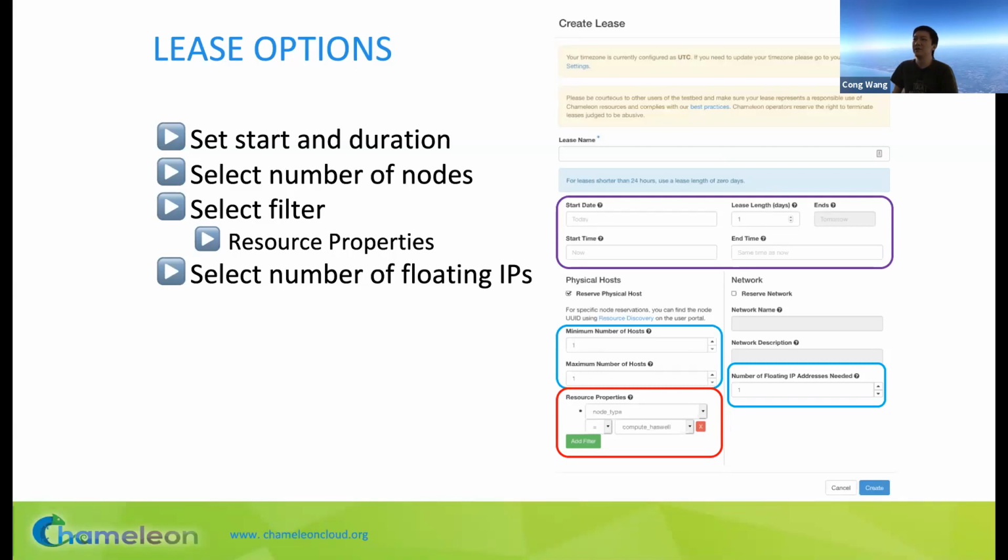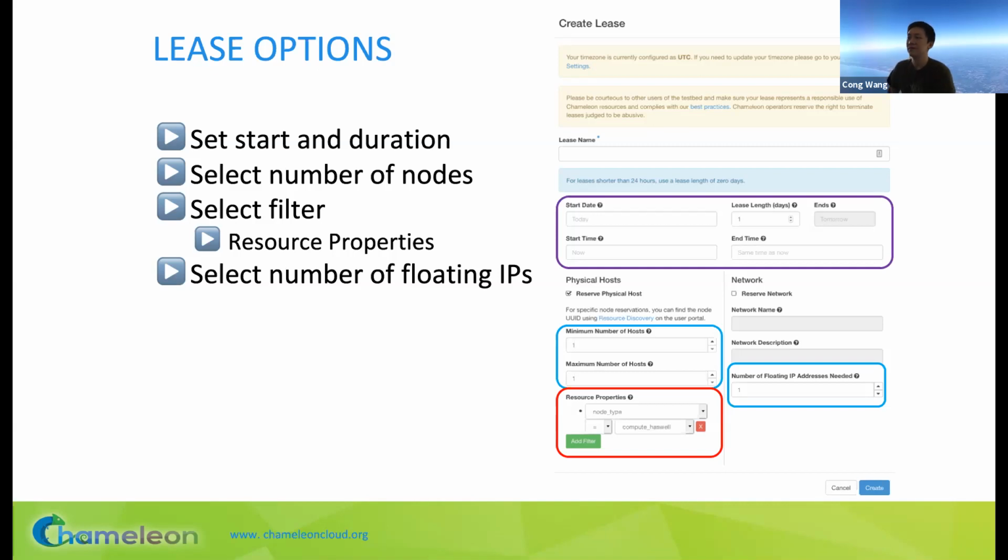For the new lease, we will need to notice these important fields. One of them is the start and duration of the lease. You can select start right now or start sometime in the future. The maximum length of a lease would be 7 days.